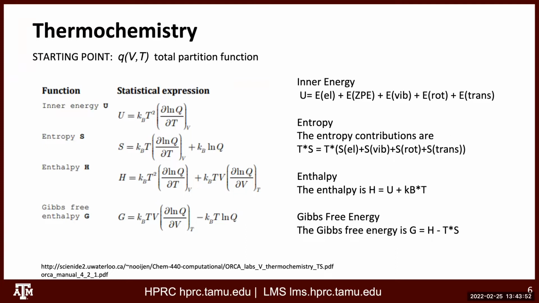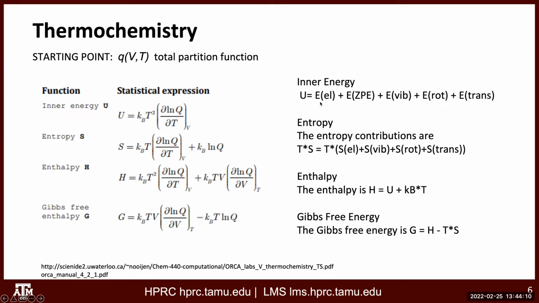But when we talk about reaction mechanisms, most of the time we need the Gibbs free energy. To calculate the Gibbs free energy, the starting point is always the partition function.